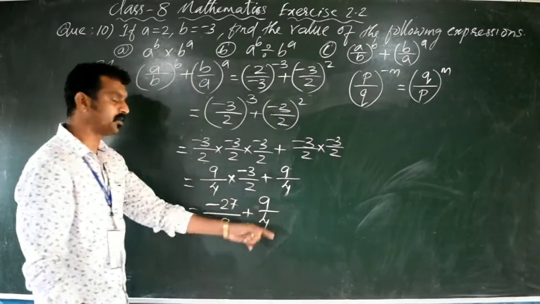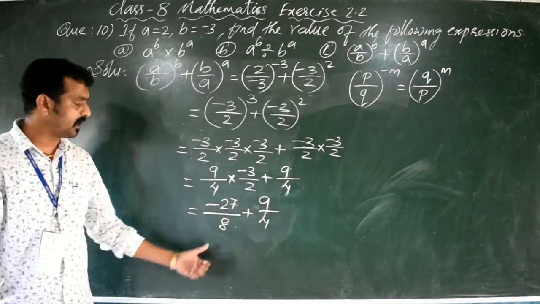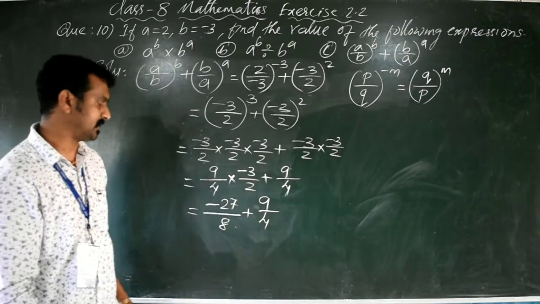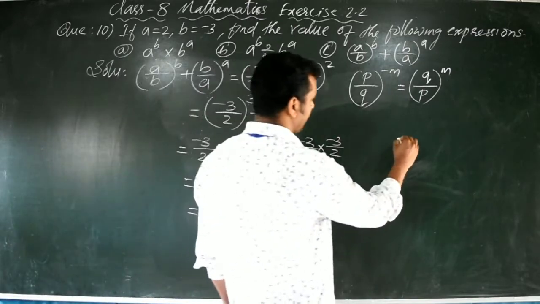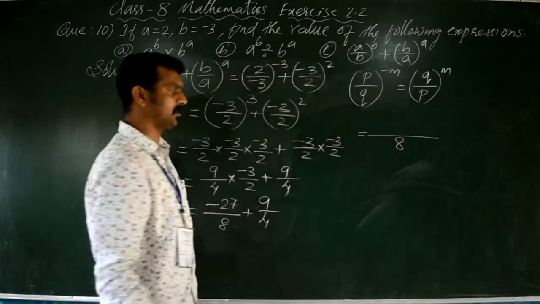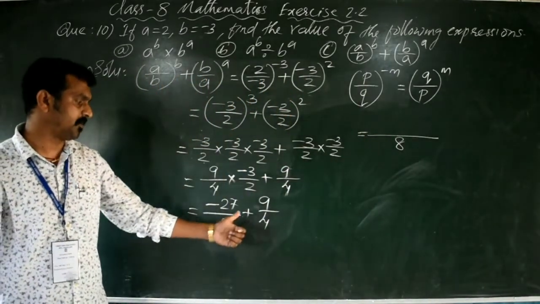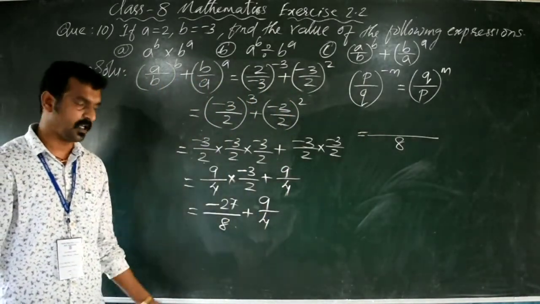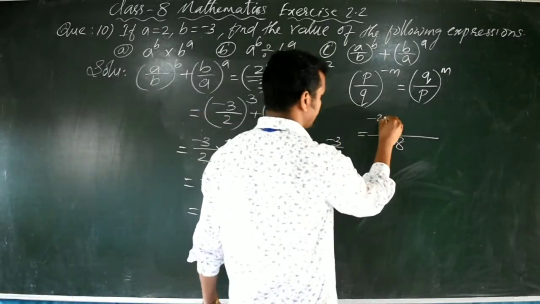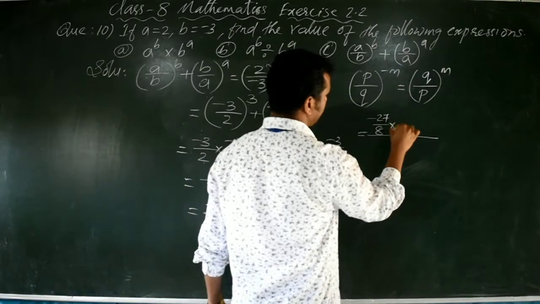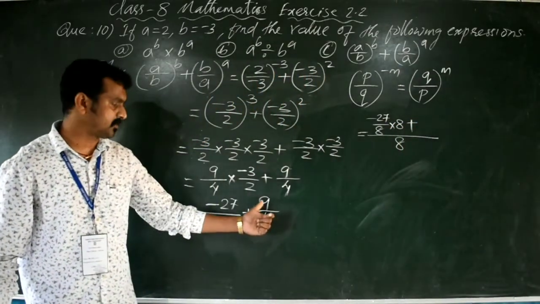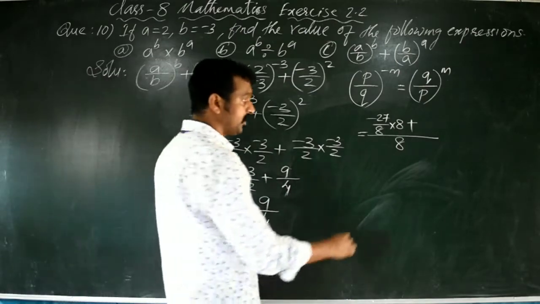Now, adding two rational numbers, we have to take the LCM of the denominators. 8 and 4, the LCM will be 8. Now find the numerator: first rational number into LCM plus second rational number into LCM. Minus 27 by 8 into 8, plus 9 by 4 into 8.